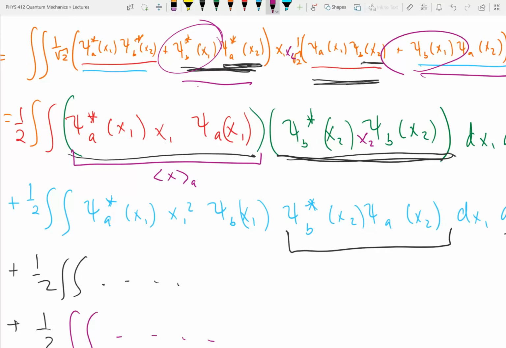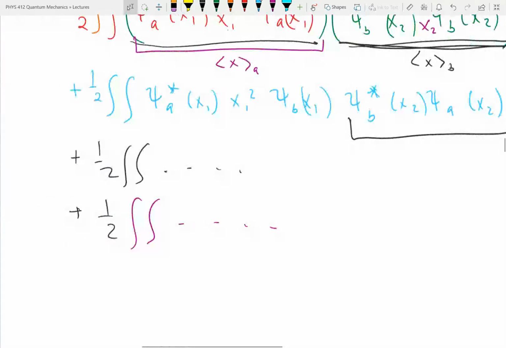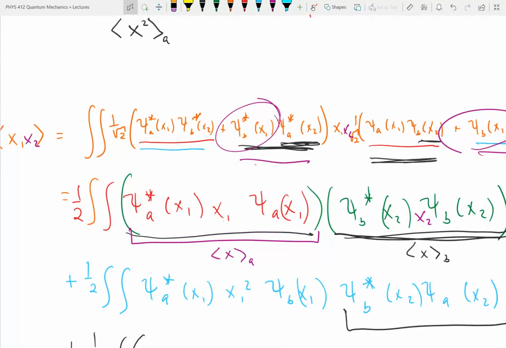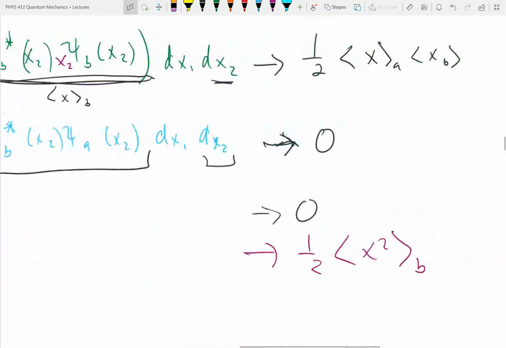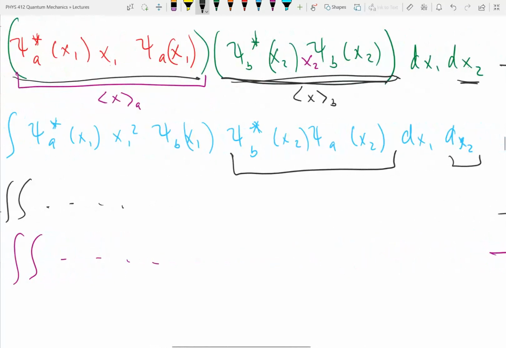And this part, the second part, so this one here is going to be 1/2 expectation value of x in state A times expectation value of x in state B. Right. And the last one is just going to be reversed. So this one here is likewise going to become that, because of the symmetry. Then we have the two middle ones.